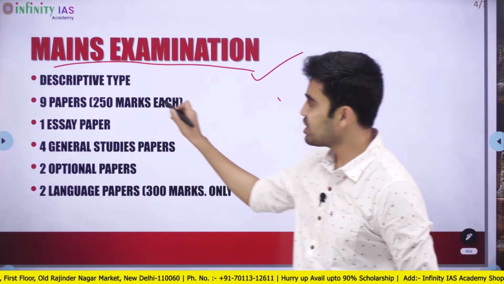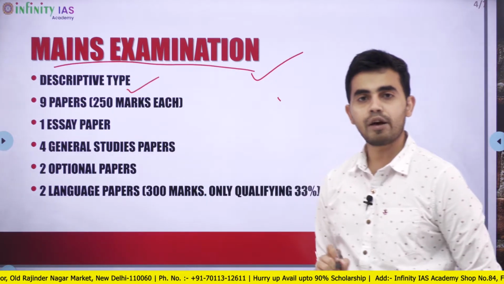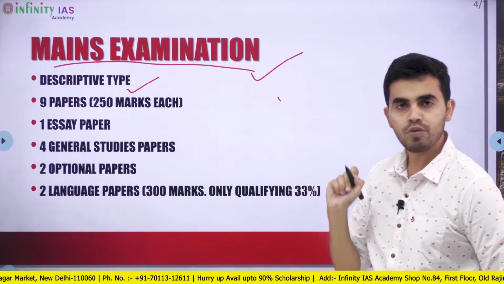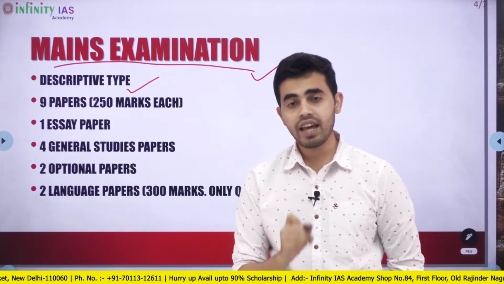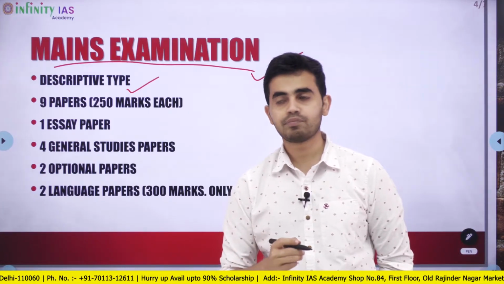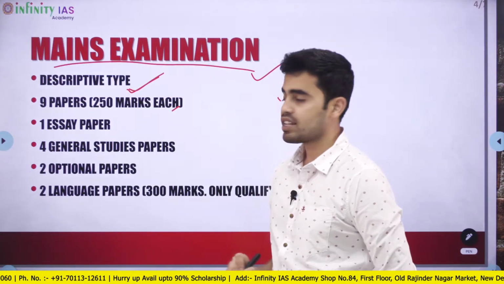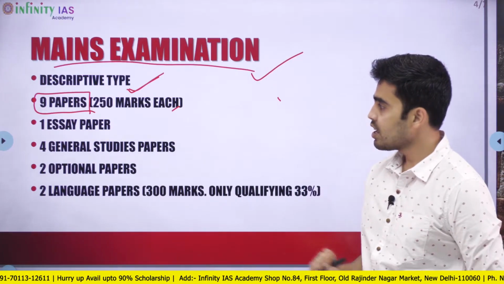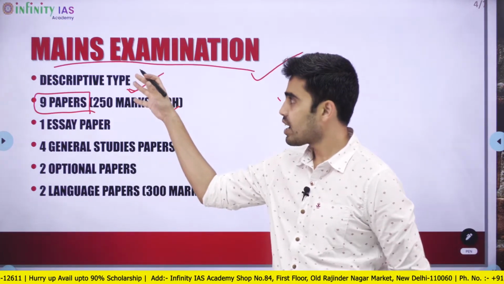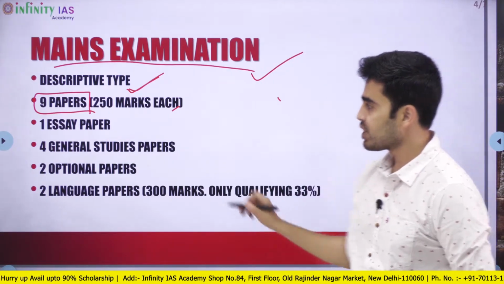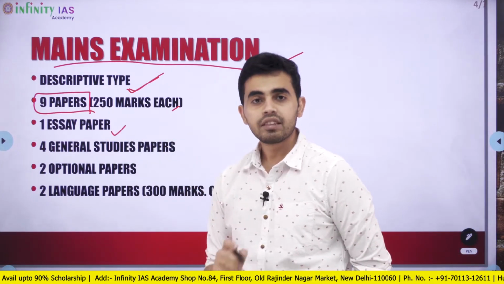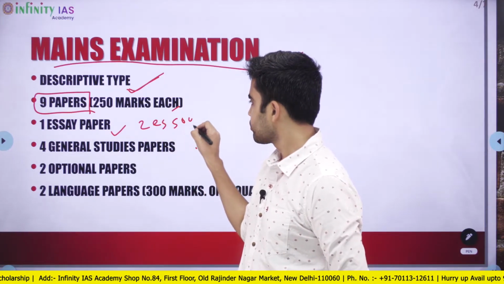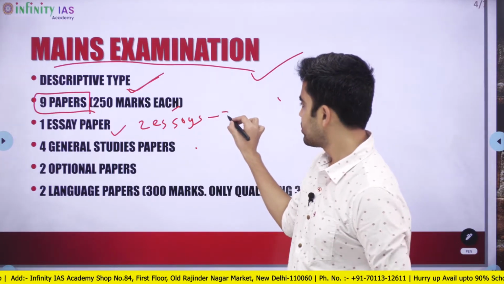So the mains examination is a descriptive type of examination. That is, instead of multiple choice questions where we have to choose one answer, here the students have to write the answers. So it is a descriptive type of examination and we have 9 papers in total. What are the 9 papers that we are asked to write in the mains examination? 1 essay paper. The student is asked to write 2 essays in the span of 3 hours.